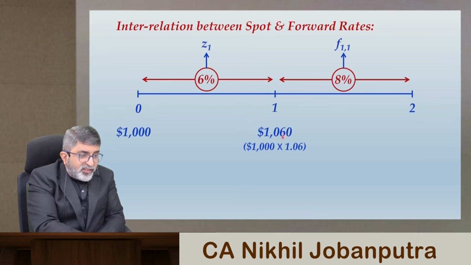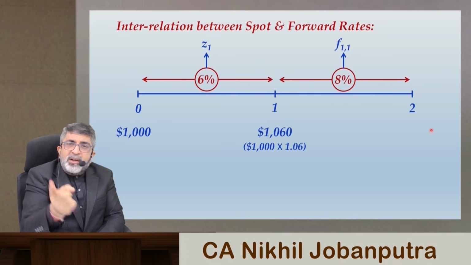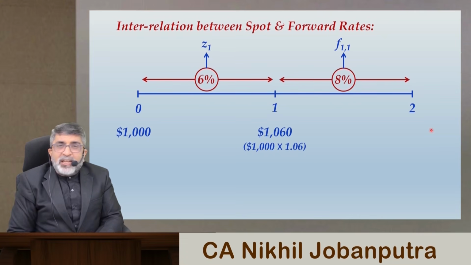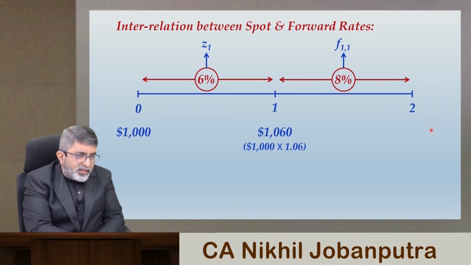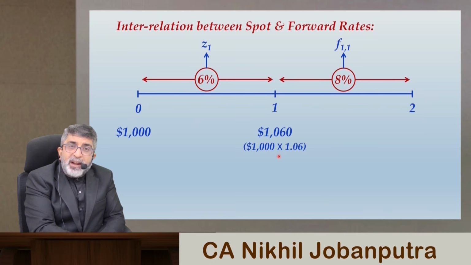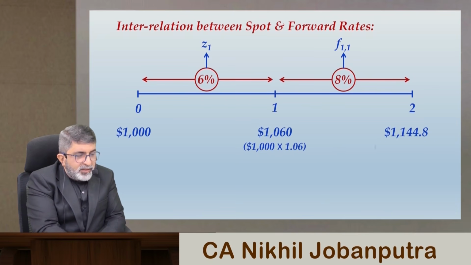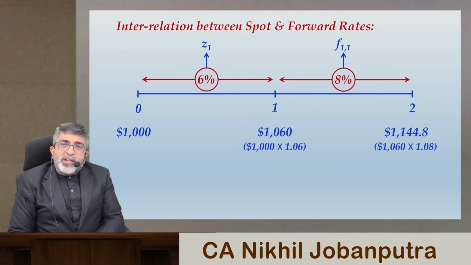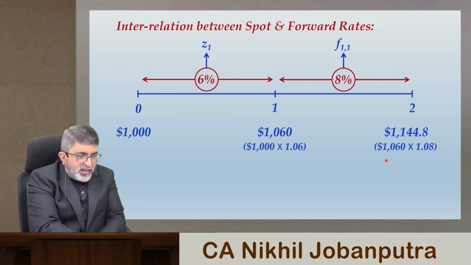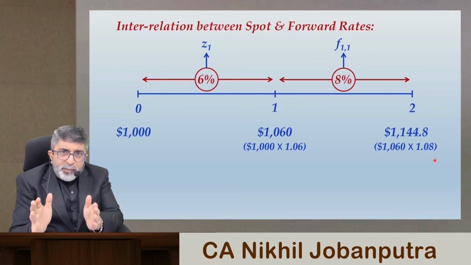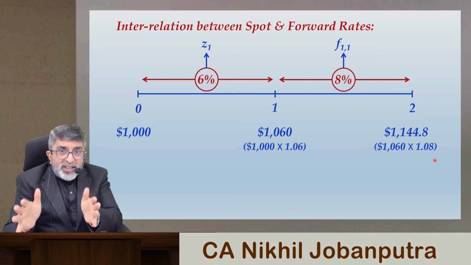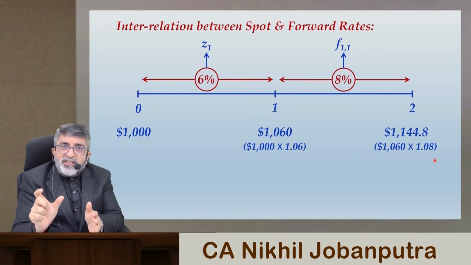Assuming no interest is paid, this loan is stretched for 1 more year, but now the applicable rate will be 8%. So obviously you are going to apply the 8% rate, and that will make it $1,144.8. How did I get that? $1,060 multiplied by 1.08. So 8% is the applicable rate for the second year. The factor for the second year becomes 1.08.